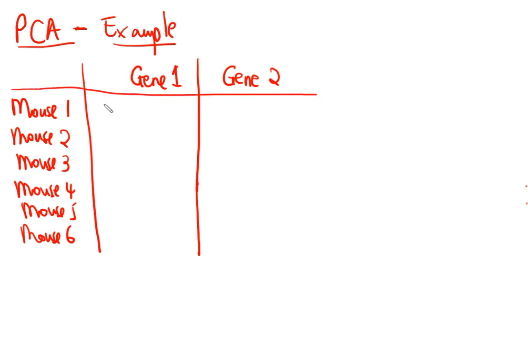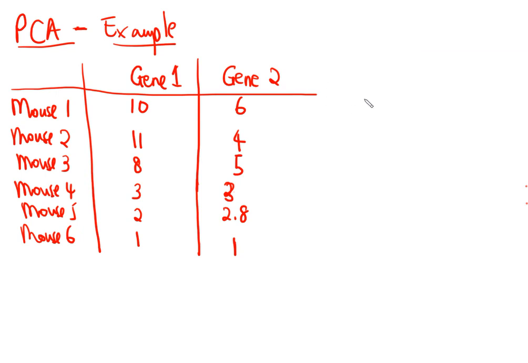Let's say in mouse 1, gene number 1 is expressed 10 times. We can say 10 times, 11, 8, this one 3, 2, 1, and for gene number 2, this one 6, 5, 3, 2.8, and 1.